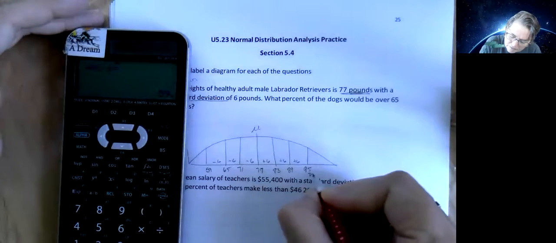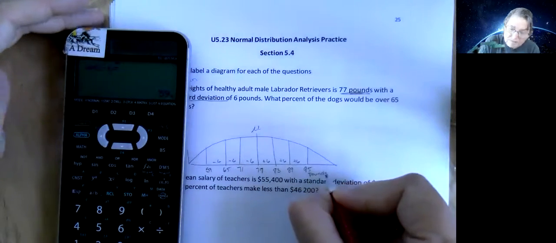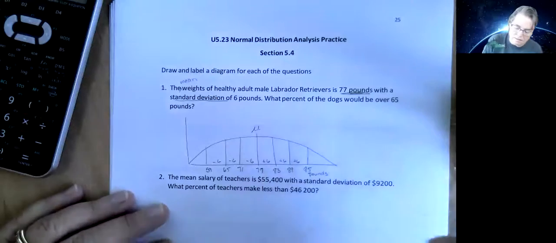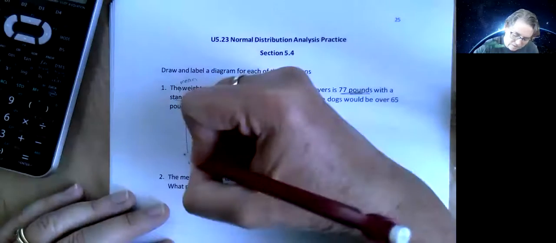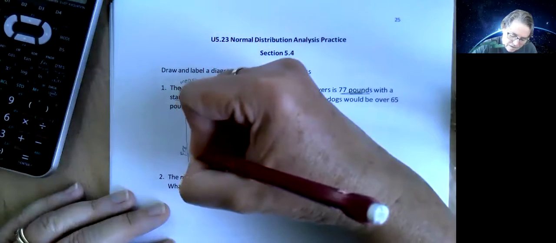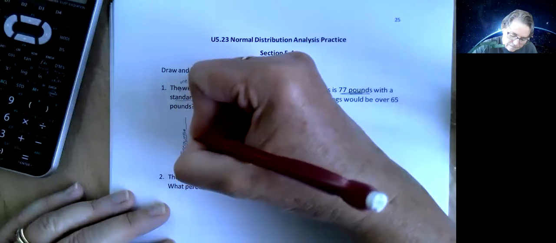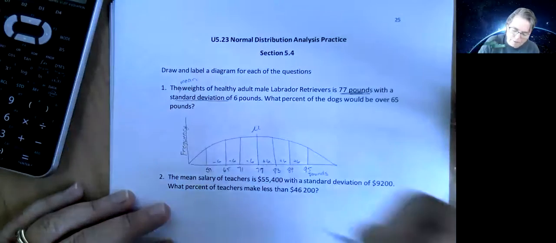And this is pounds. And this is frequency. And I forgot to put my numbers in.